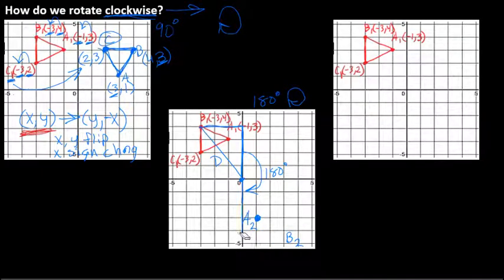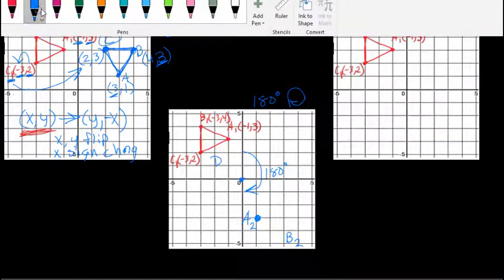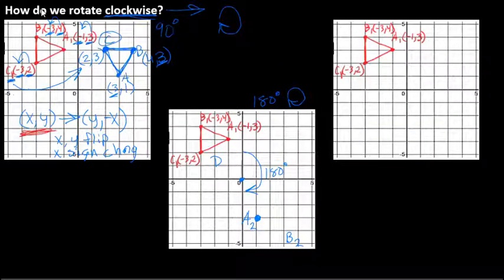Go ahead and erase, and do the same thing with vertex C. Down 2 over 3. It looks like I accidentally erased my B vertex. You guys knew where it was. So there's C2, A2, and B2.